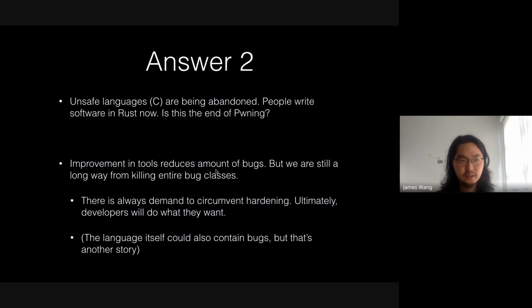It might limit the attack surface, but it won't completely remove all memory corruption bugs or all memory-related bugs. And that's pretty much my answer. All those mitigations make exploitation harder or make the attack surface smaller, but there will still always be memory bugs in the end.